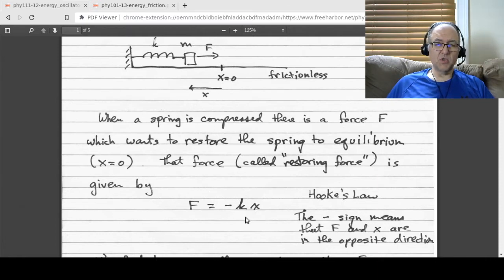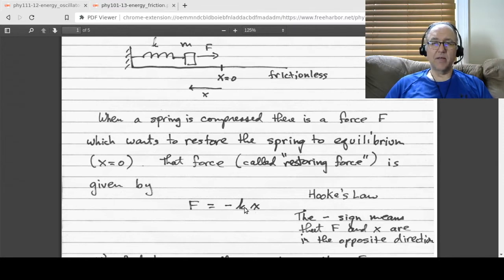So twice as much force, twice as much stretch, 3 times as much force, 3 times as much stretch. F and x are proportional to one another, and that'll come out. It's a very simple linear relationship, and you'll actually be able to measure k, the spring constant, for the spring.